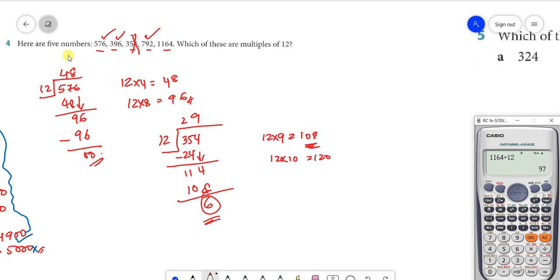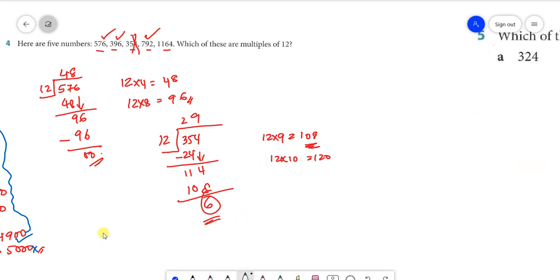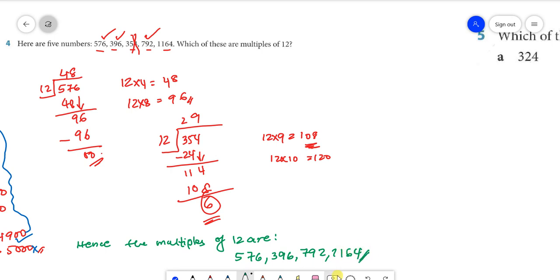So out of the 5 numbers, the multiples of 12 are 576, 396, 792, and 1164.